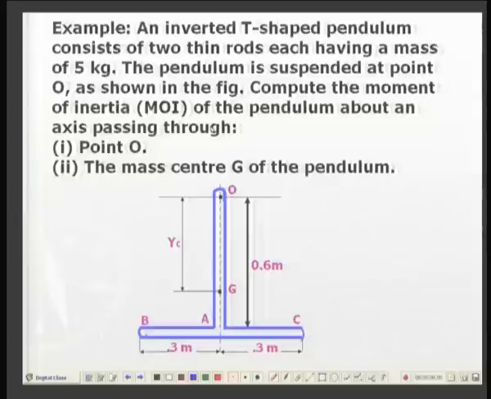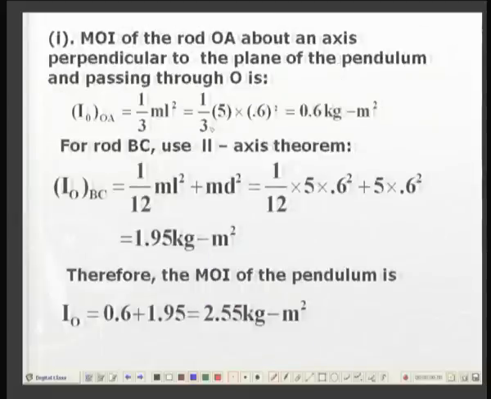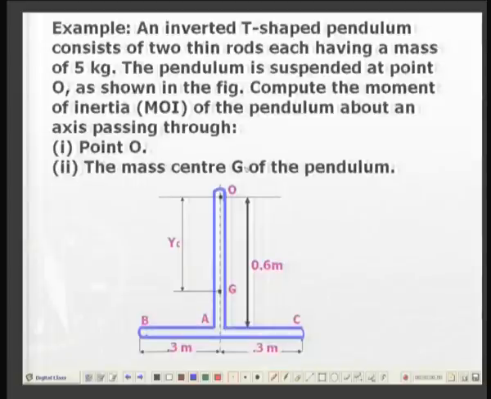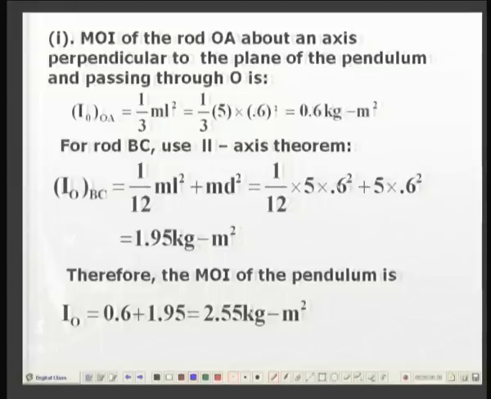So you will have 1 by 12 ml square plus md square once again. About the axis passing through the middle, it will be ml square by 12, and then in a parallel manner it is shifted over here. The distance between these two is 0.6 meters, so we will have md square.